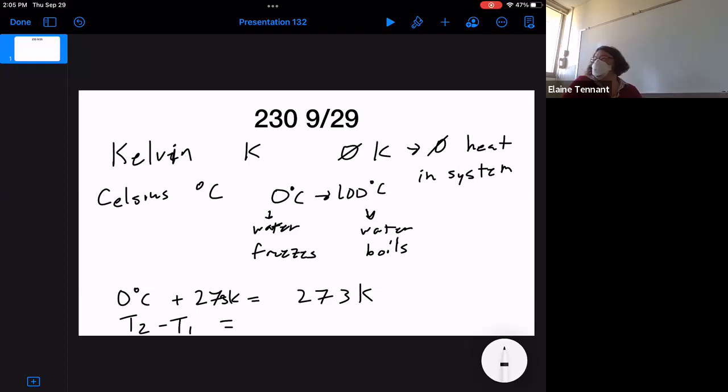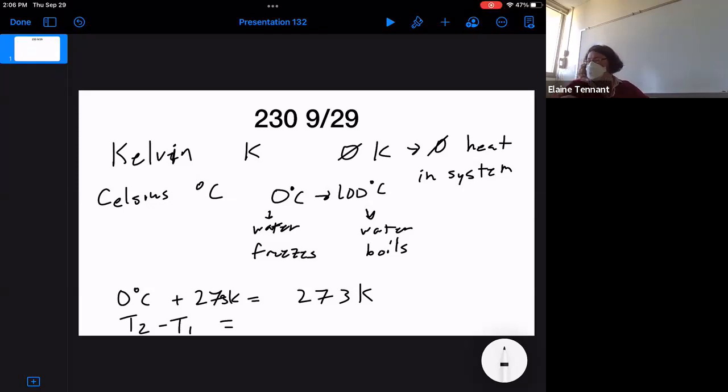No, right? Because no matter which one I do it in, changing 1 degree Celsius is the same as changing 1 Kelvin. It'd just be like going between 0 degrees Celsius and 10 degrees Celsius, or 273K and 283K. The difference will be the same.